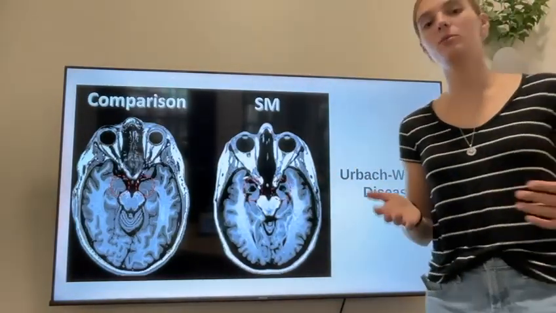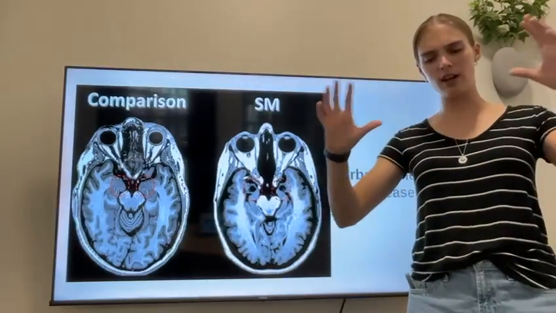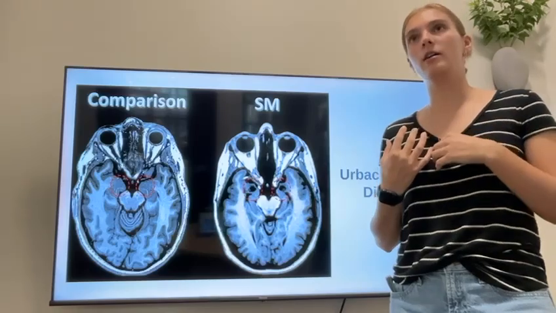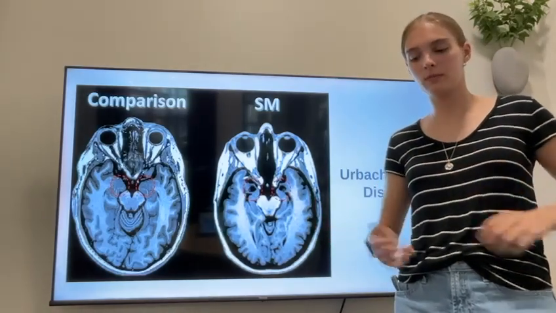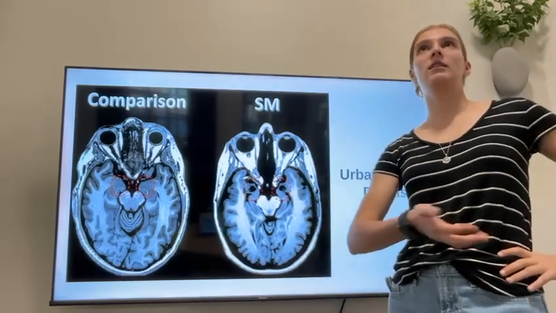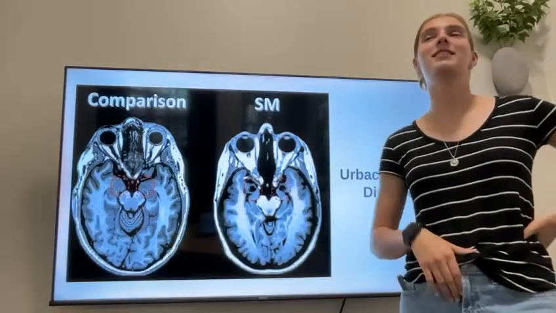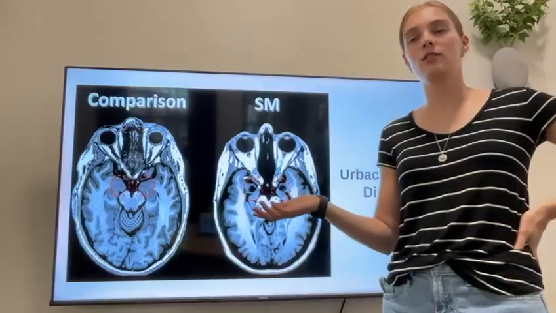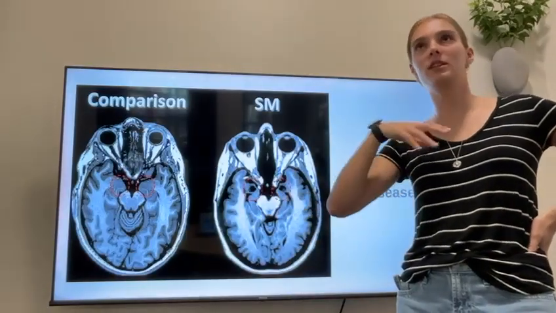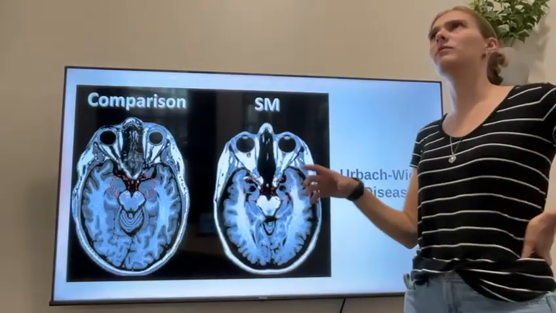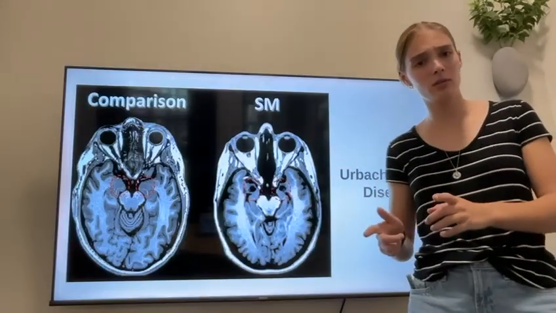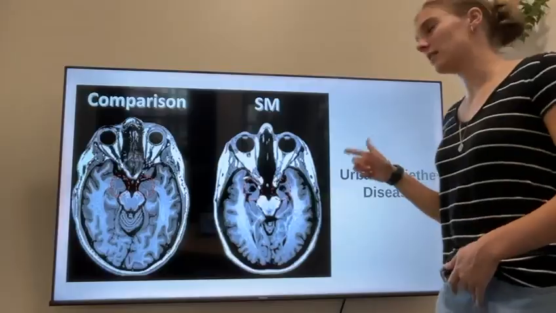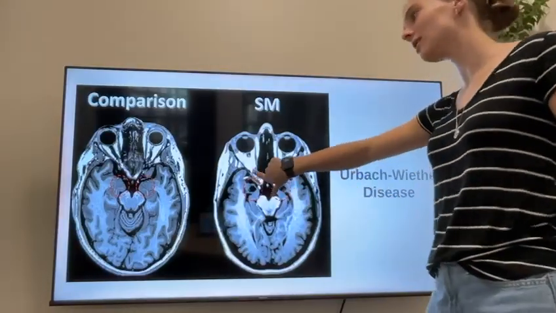And normally Urbach-Wiethe disease is characterized, you think of people with this like bad skin condition, but it also affects you neurologically, and it affects in calcifications forming in blood vessels in the brain. And so this results in different, normally it's calcifications in blood vessels to the medial temporal lobe, but this can affect people different ways. In SM, it was pretty darn localized to the amygdala.